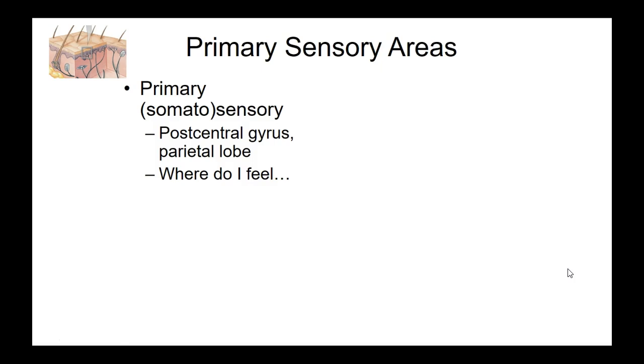Okay? So whenever we're talking about somatosensory, we're talking about generally peripheral sensory information. Where is that located? It's located in the post-central gyrus, right? So it's located in this post-central gyrus.